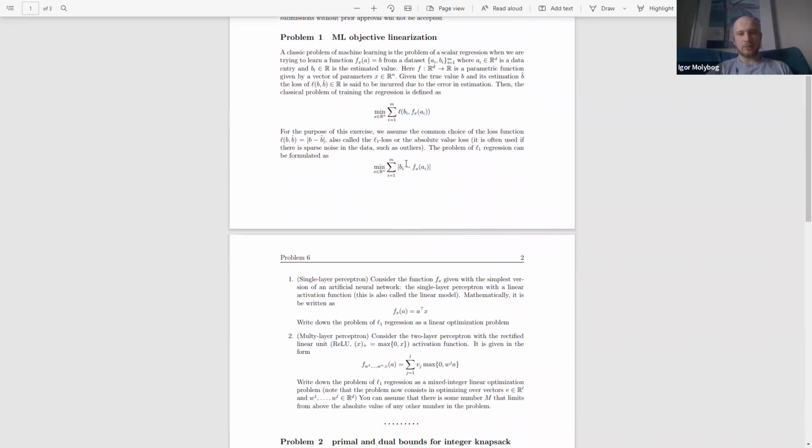In our case, we are considering L to be equal to the absolute value of the difference between b_i and f. So it can be rewritten as a summation of absolute values. So we are trying to minimize the summation of absolute values of a certain number of variable numbers.